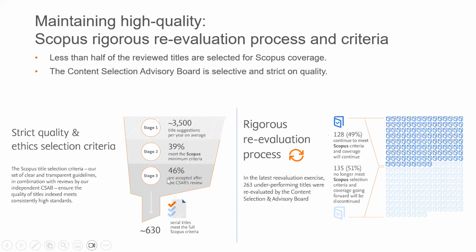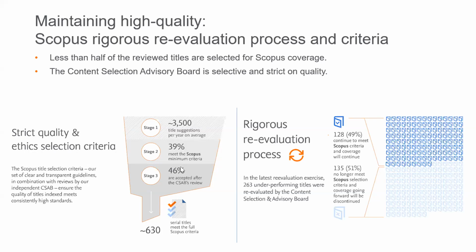And it goes through another filtration step, stage number 3, where we can see from this slide that of the 39% from the 3,500 titles trying to be indexed in Scopus, only 46%, about 630 titles, have been chosen to be indexed. That makes us believe in the credibility, and that all the journals trying to be indexed in Scopus go through a strict and very difficult filtration and shortlisting criteria, as we can see here.